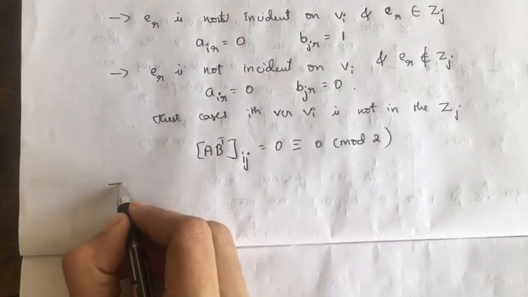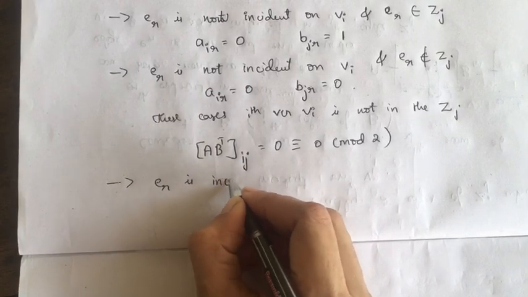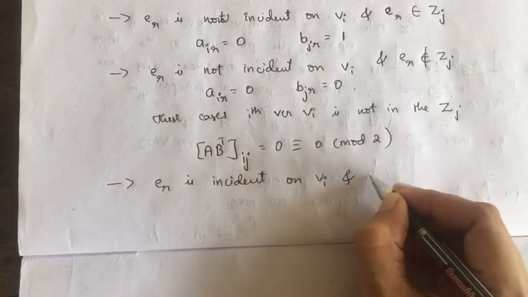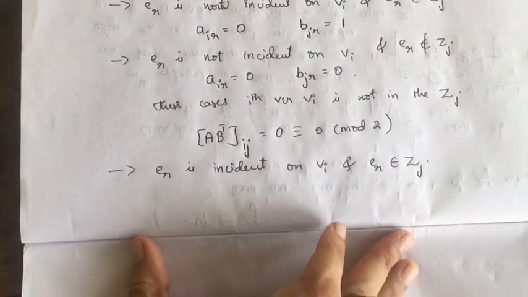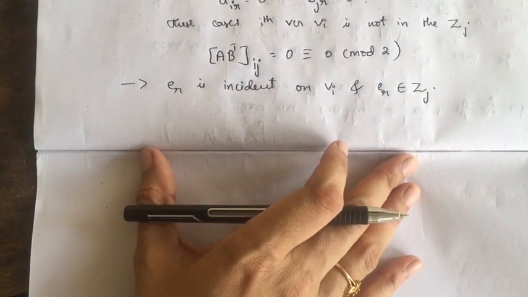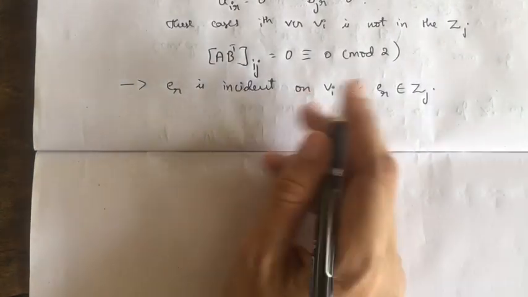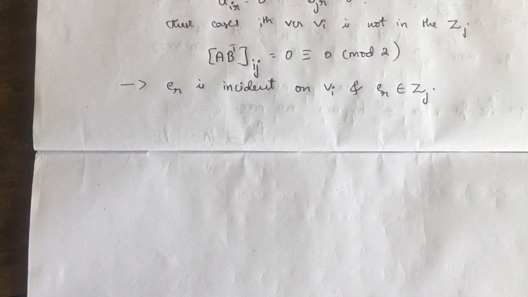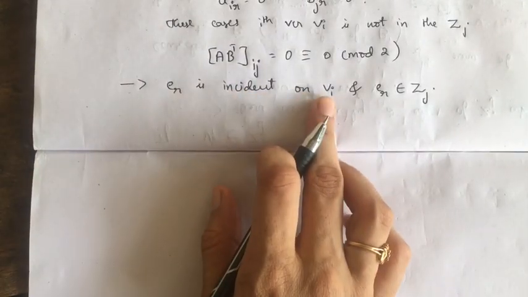Now the last case is ER is incident on Vi and ER belongs to Zj. When I say ER is incident on Vi, then there will be exactly two edges, say ER and ET, incident on Vi.